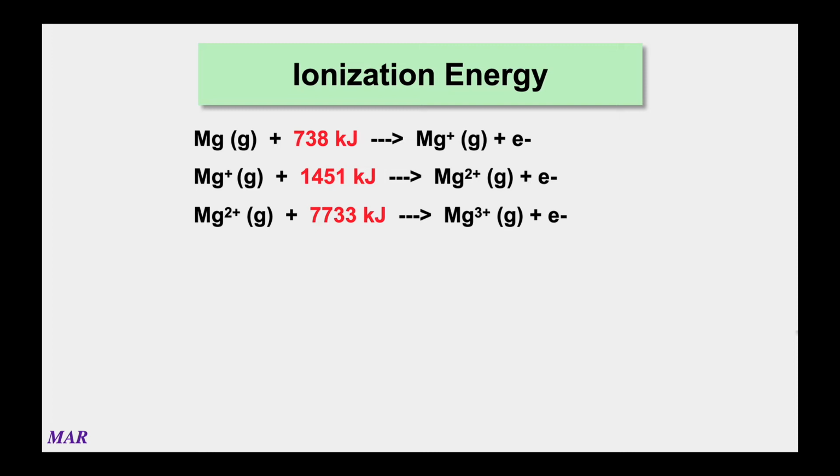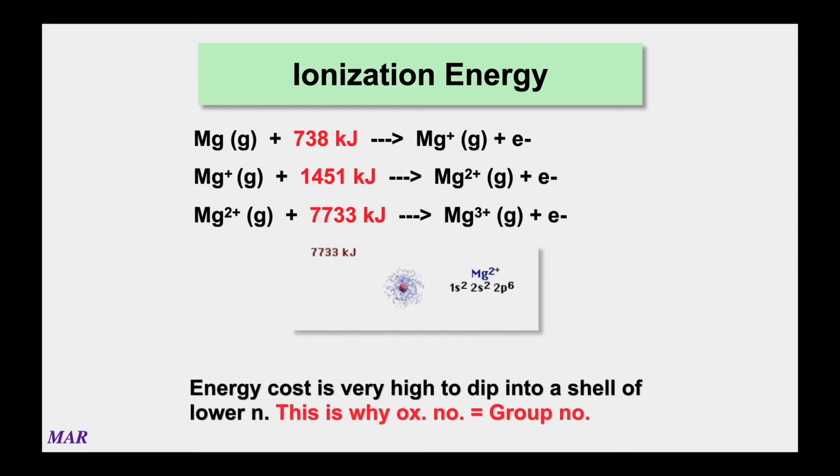The energy gap going from magnesium 2+ to magnesium 3+ is quite large. Removing a third electron from magnesium requires much more energy, 7,733 kilojoules per mole. In chemistry, it's all about the energy. Having magnesium go to magnesium 2+ is absolutely doable, about 2,100 kilojoules. But going from magnesium 2+ to magnesium 3+ is roughly 4 times as great an energy. And that's something that just doesn't happen.